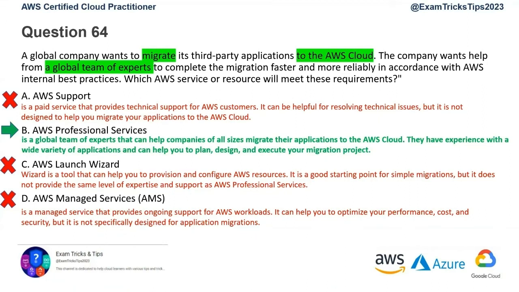This is the global team of experts that can help companies of all sizes migrate their application to AWS Cloud. They have experience in a wide variety of applications, and they can help you plan, design, and execute your migration project. AWS Professional Services can help you with assessing your current environment and application, developing a migration strategy, planning and executing migrations, testing and validating your application in the AWS cloud, and training your staff on how to operate applications in the AWS cloud.